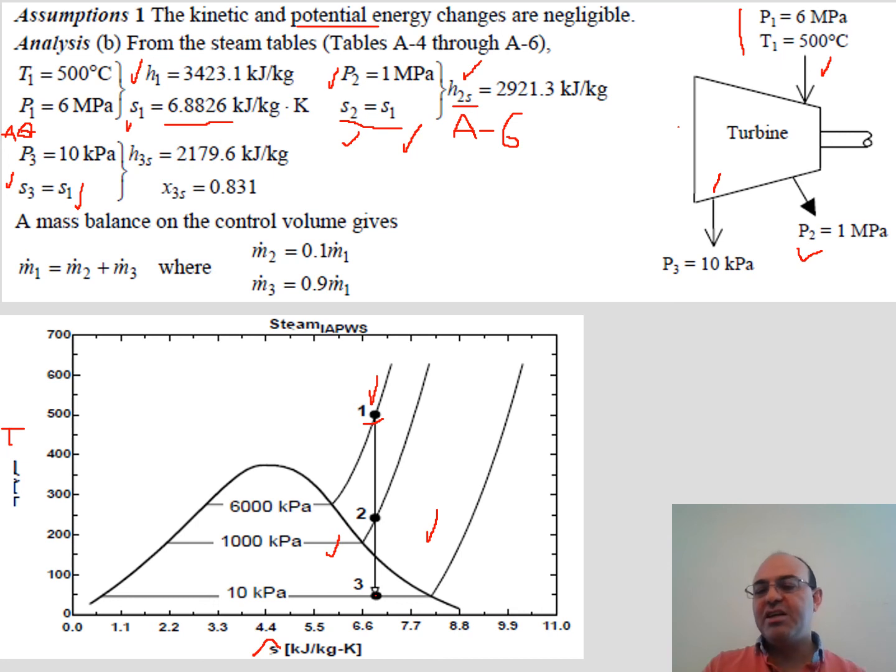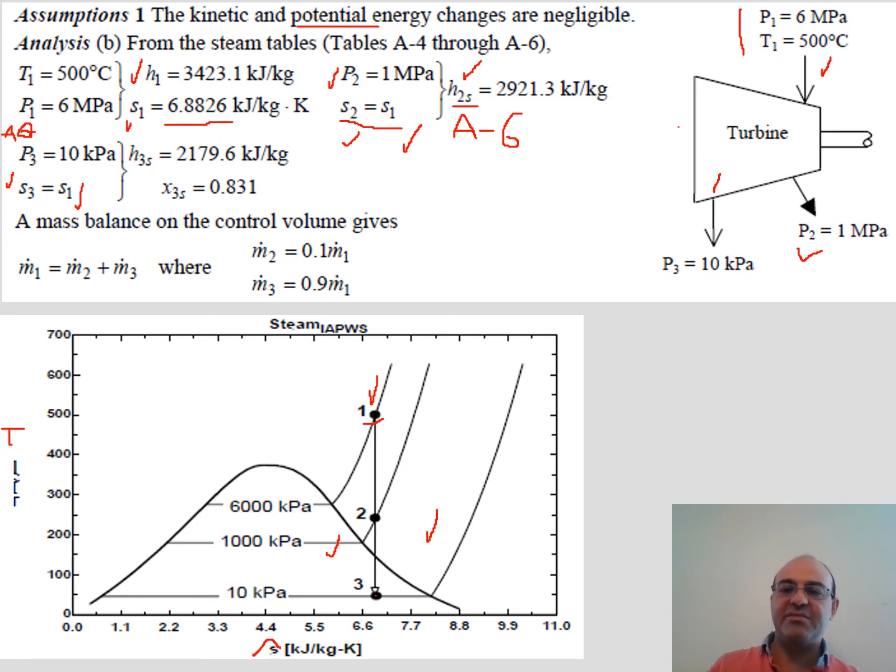So usually the exit of turbines is under the dome, in the two-phase region, but very close to the saturated vapor, because we want to extract enough energy, or maximum energy, from the steam. Therefore, it does not exit while it is still superheated.